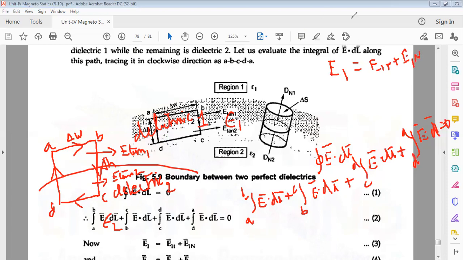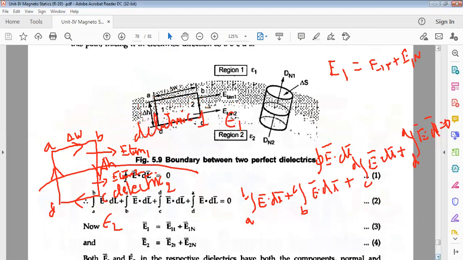The next is E2, again the combination of the tangential and normal components, because we are considering the boundary between dielectric and dielectric only. Like this, there is a boundary line. The dark shaded region is dielectric 1 and the light shaded region is region 2, nothing but dielectric 2.